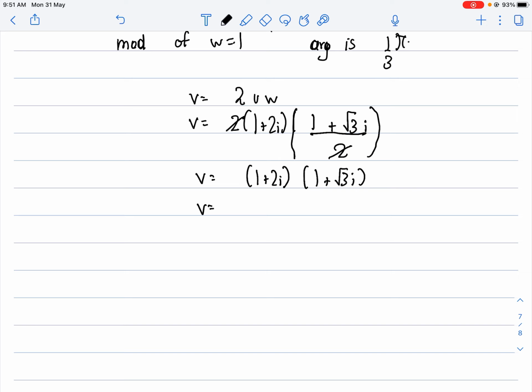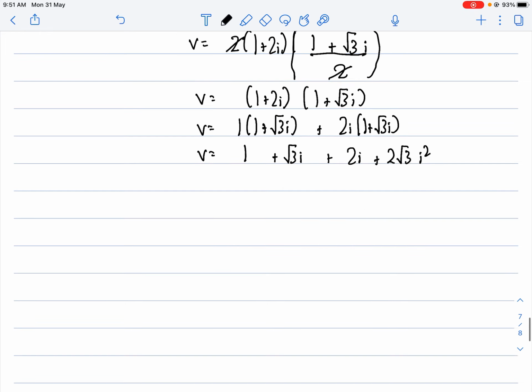So I can write this basically as 1 into 1 plus root 3 i plus 2i into 1 plus root 3 i. So I can simply write this as 1 plus root 3 i plus 2i plus 2 root 3 i squared. So I can write this as 1 plus root 3 i plus 2i.